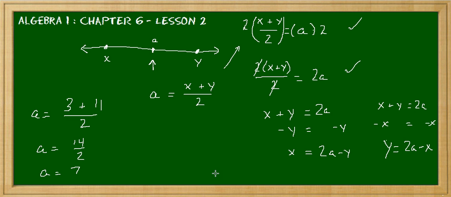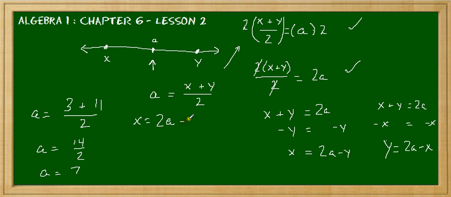Check your answer again. We're going to take the formula from part A, where x is equal to 2A minus y. Let me not put parentheses around there, and write it the way we originally wrote it.